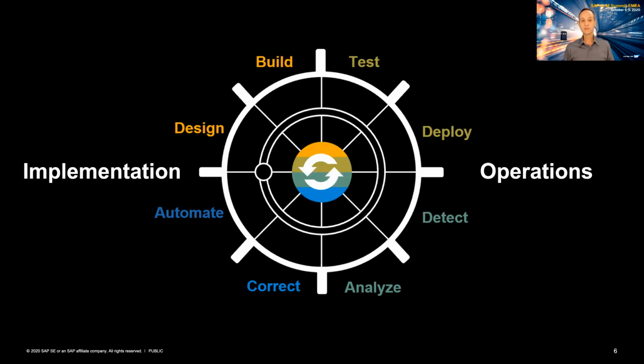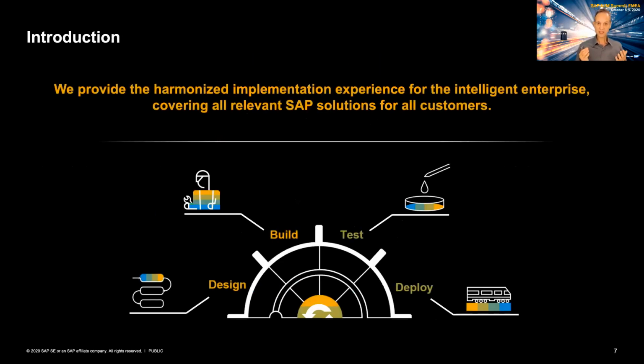But in the implementation space, we try to provide a harmonized implementation experience for our customers in order to go to the intelligent enterprise. Our main goal is that we do this covering all the relevant SAP solutions for all customers.